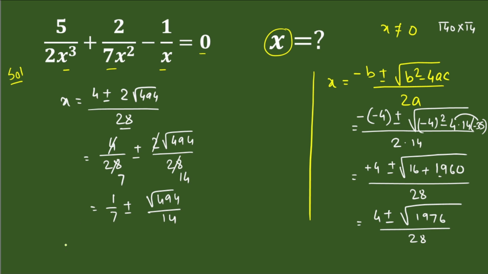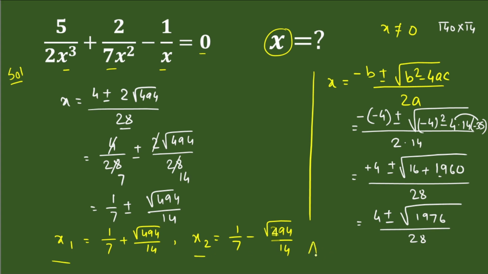Now finally we have two values of x. The first value of x, we'll take the positive, is 1 over 7 plus square root 494 over 14. And the second value of x will be 1 over 7 minus square root 494 over 14. So finally we have these two values of x. These are the answers of this problem.